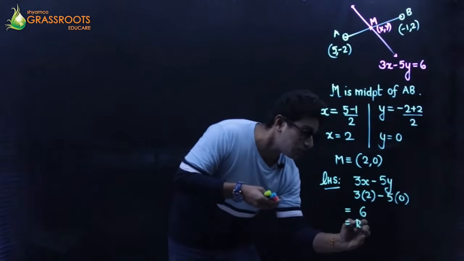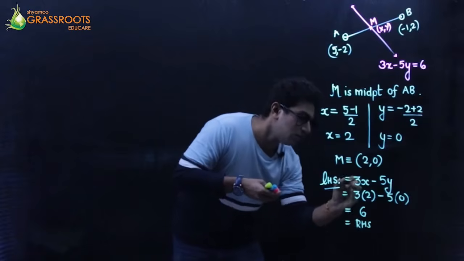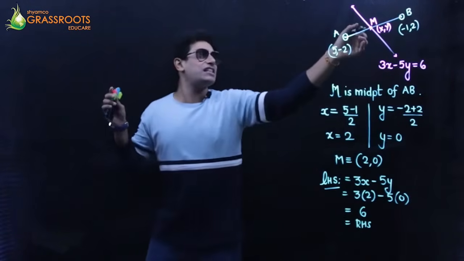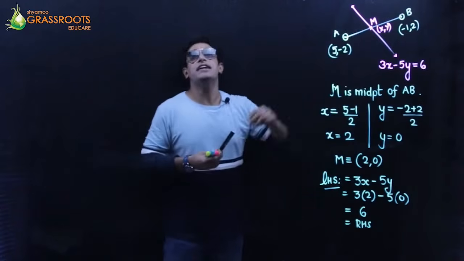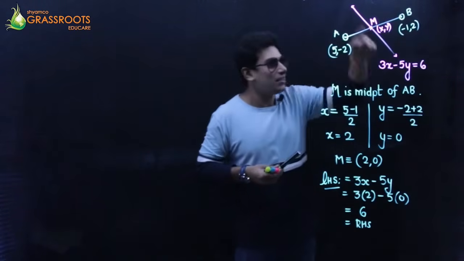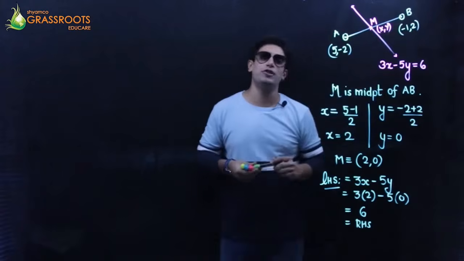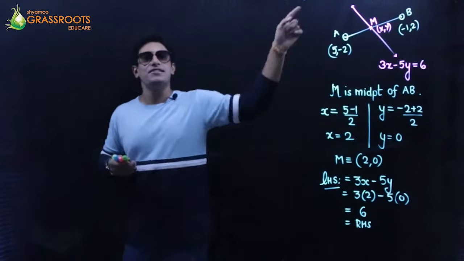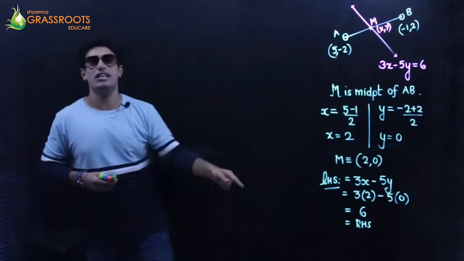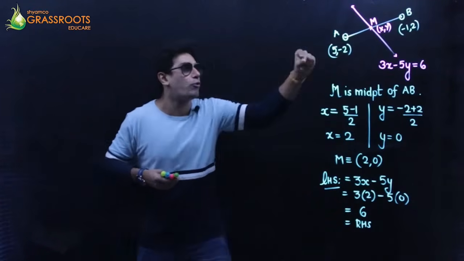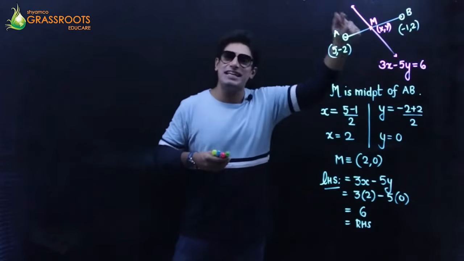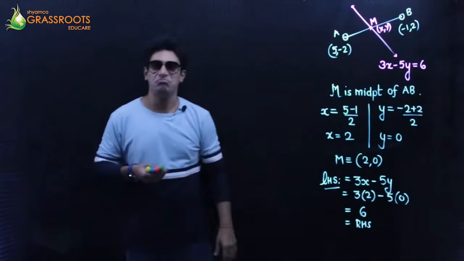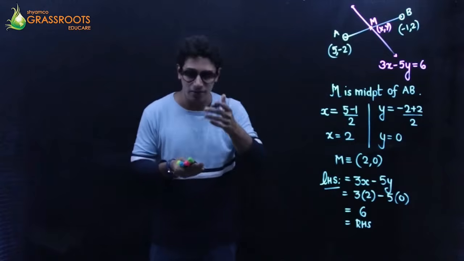This is equal to RHS. Yes, the value of LHS is equal to RHS. So can I say the point M lies on the line? The line bisects the join of the 2 points. After this, please write a statement that the point satisfies the equation of the line, the point is the midpoint. Thus, the line bisects the join. Understood? Concept.